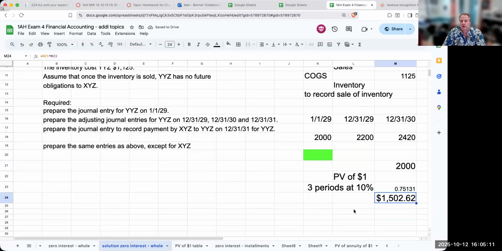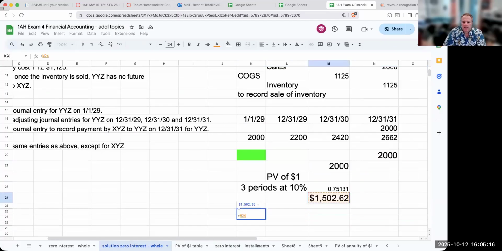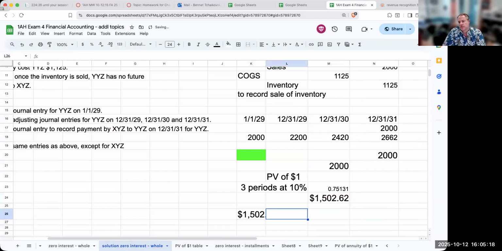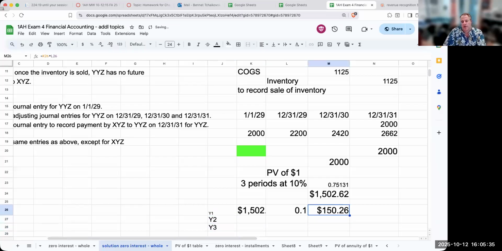1502.62. Okay, so what exactly does this mean? Well, if I took 1502.62 and I invested this at 10%, what would the value of this be? Well, at 10%, I would earn, for year 1, year 2, and year 3, I would earn $150.26.